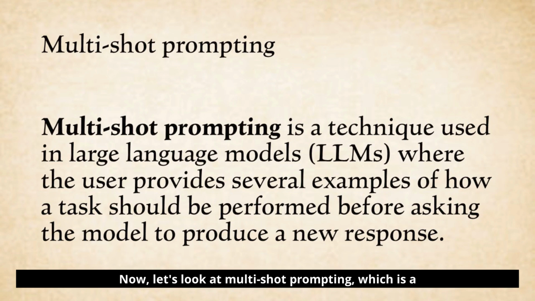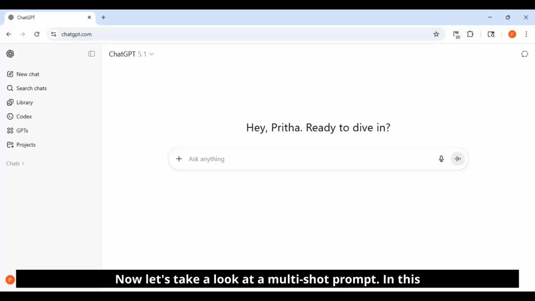Now let's look at multi-shot prompting, which is a technique used in large language models such as ChatGPT, where we can provide more than one example of how a task should be performed before asking it to produce a new response. Now, let's take a look at a multi-shot prompt.